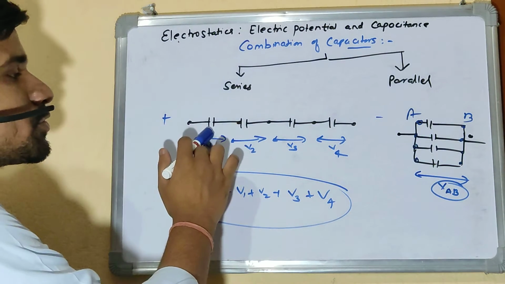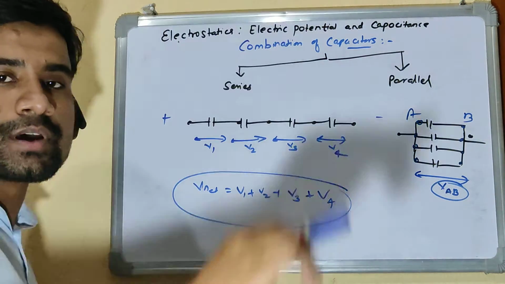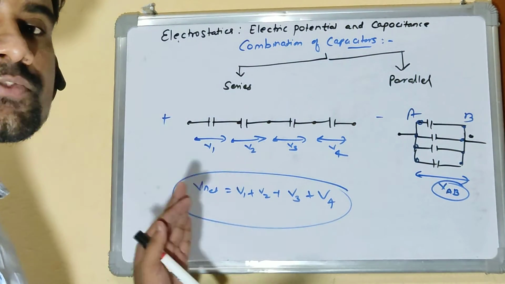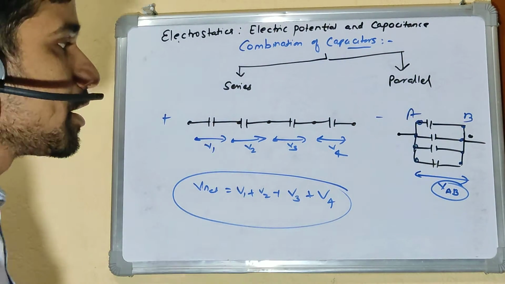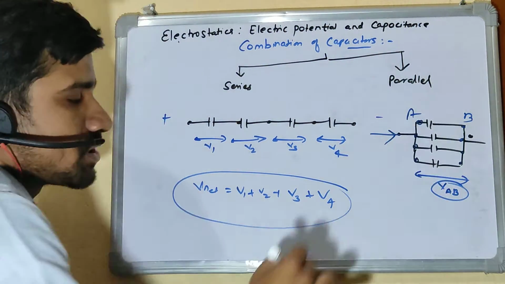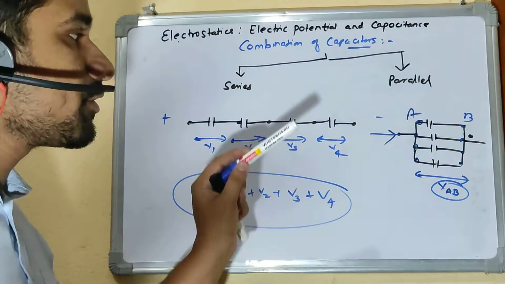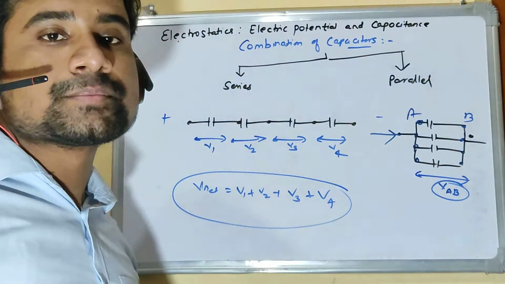If it develops plus q charge, it will also develop plus q on each of the others. But in a parallel combination, there is a distribution of charge, so the charge flow won't be the same.